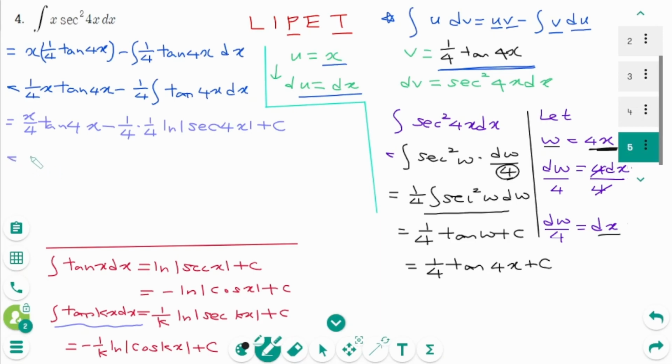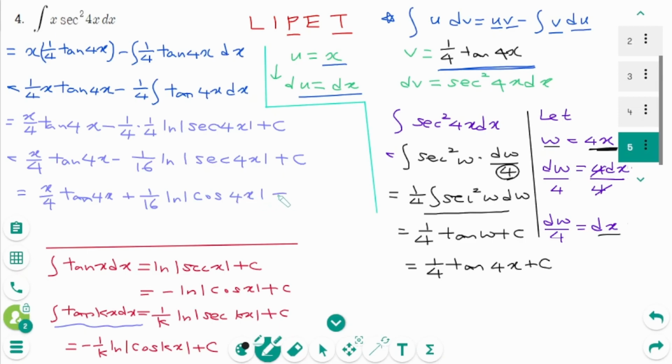We can rewrite as x over 4 tangent 4x minus 1 over 16 ln absolute value of secant 4x plus c or x over 4 tangent 4x plus 1 over 16 ln absolute value of cosine 4x plus c.